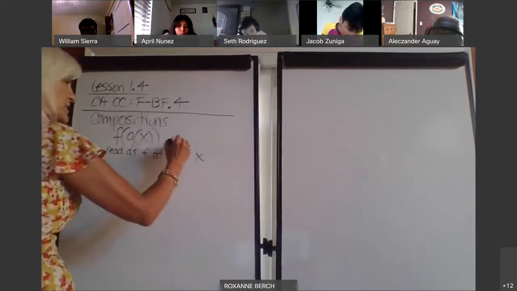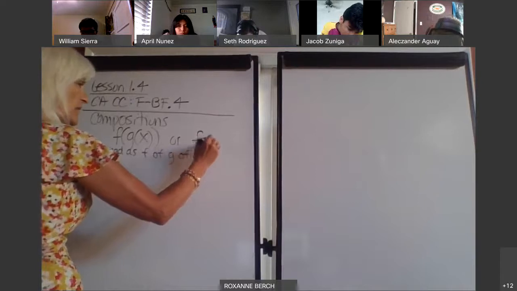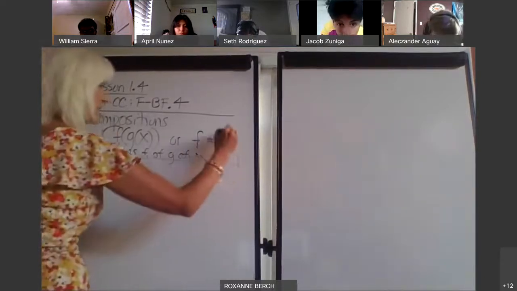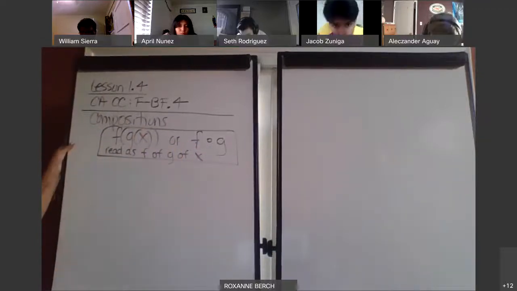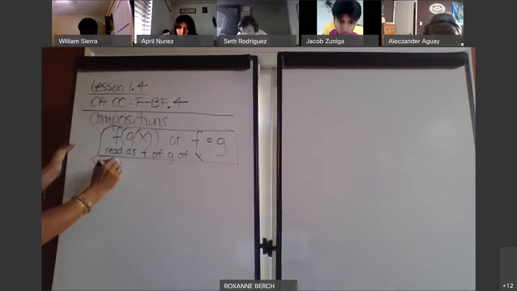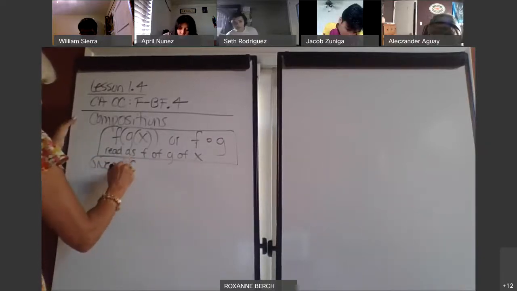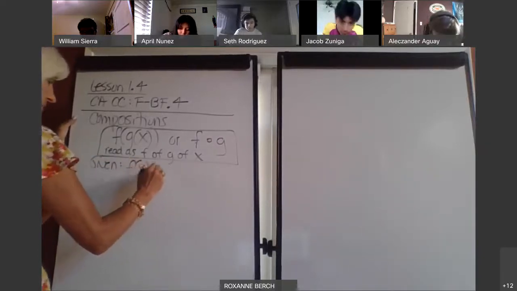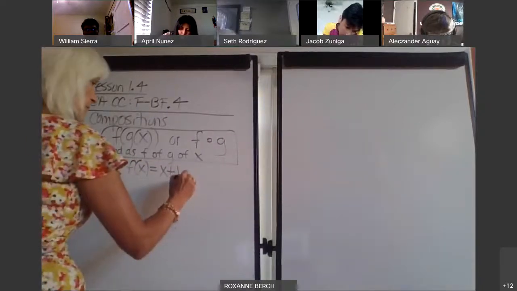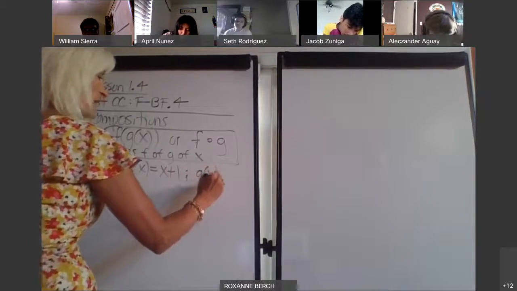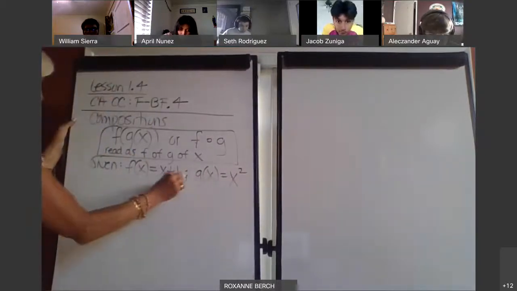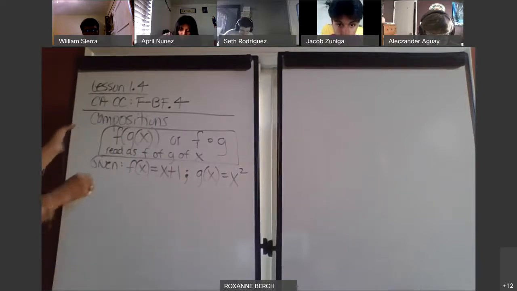And sometimes you'll see it written like this with a little open circle, depending on what book you're looking at. So let's take a look at a problem. That's a linear function, and they're giving you the parent of the quadratic.